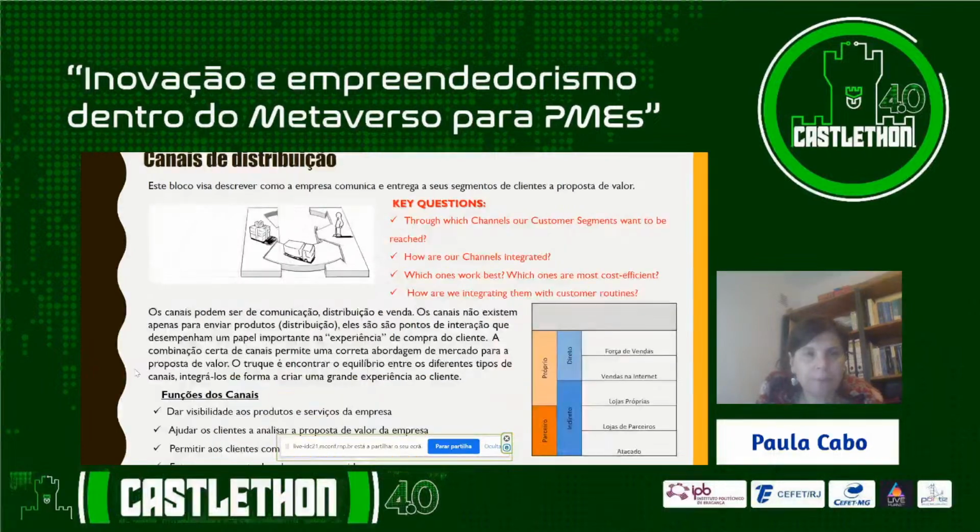So this value proposition that we are offering, we need to deliver it to our customers. So we need channels. These channels can be distribution channels, communication channels, or sales channels. The channels are very important in terms of the way we connect with our customers and deliver our product or service to them.